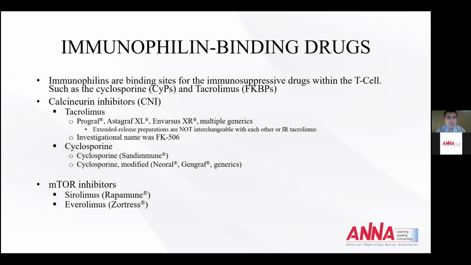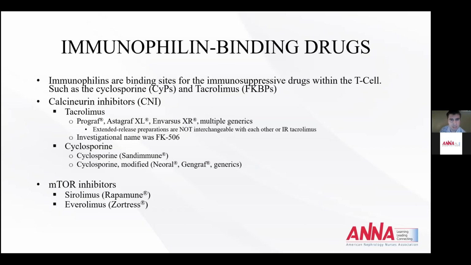So calcineurin inhibitors: tacrolimus, also known as Prograf. We have longer acting forms, Astagraf and Envarsus, and there's a bunch of generics. But again, as common sense, the long acting ones are not one-to-one interchangeable with the immediate release ones. So if you're going to use a longer acting one, you can't just put them on the same dose.